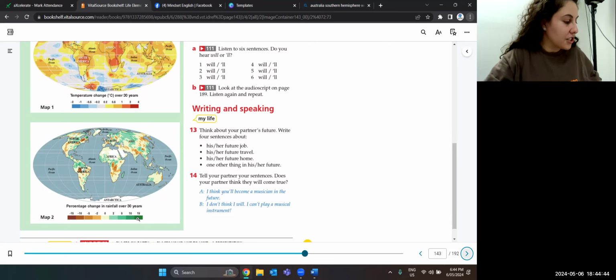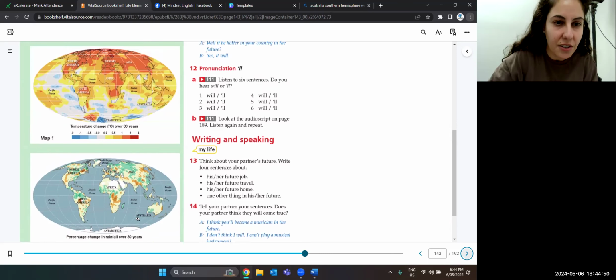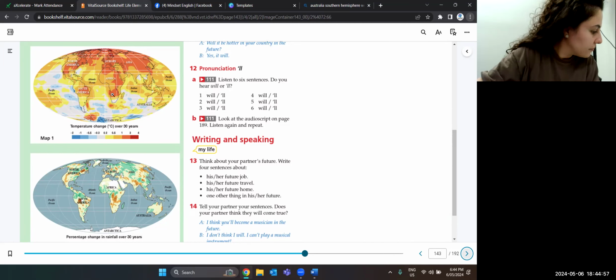So let's answer some questions. The temperature in the Arctic Circle has decreased by 4 degrees. Do we agree or not? If I look at the Arctic Circle, which should be here at the top, I don't think it has decreased by 4.